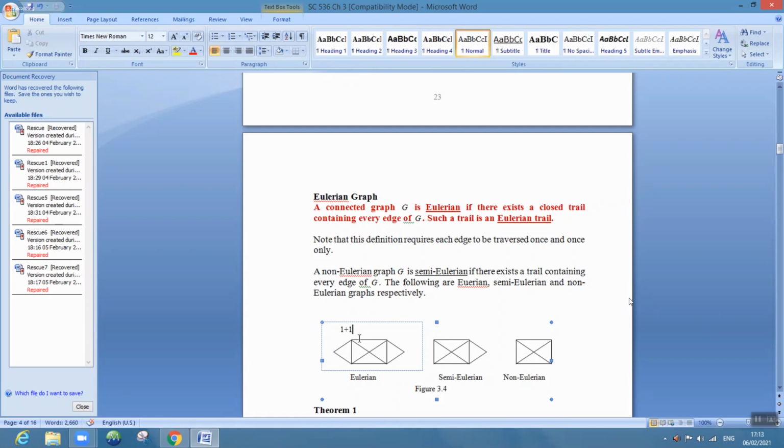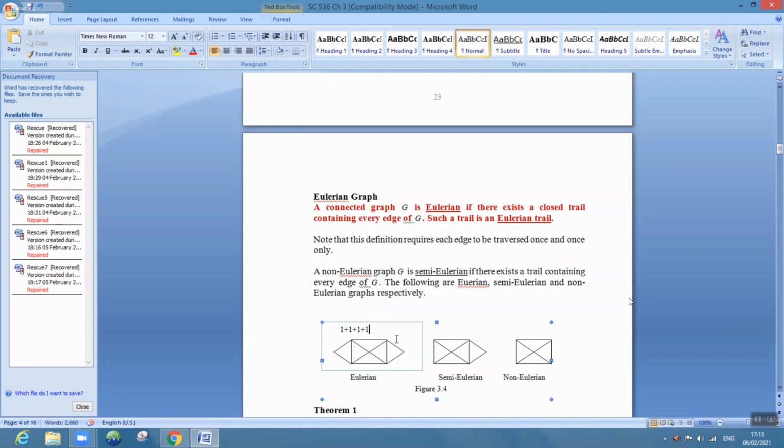So 1 plus 1. Again you go somewhere and come back, contribute 1, and go out again, contribute 1. So where you go to the vertex and go out, the contribution is 2. Again you go somewhere else and ultimately come to that vertex and go out, again 2.